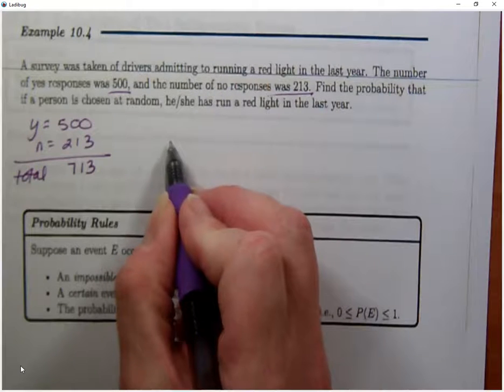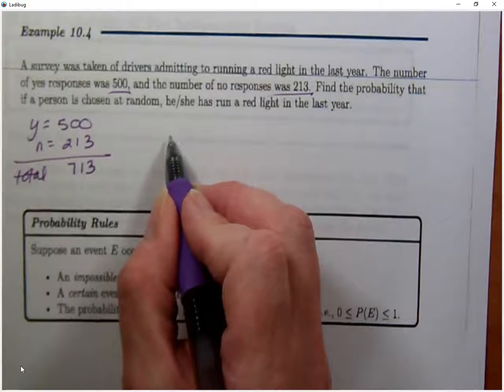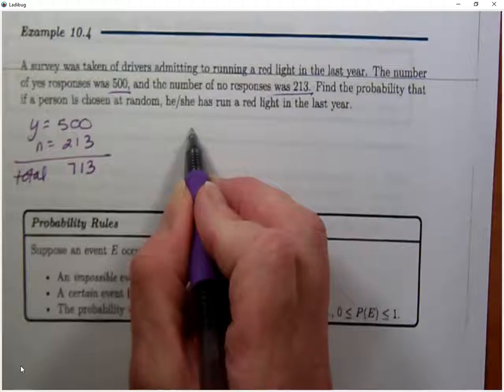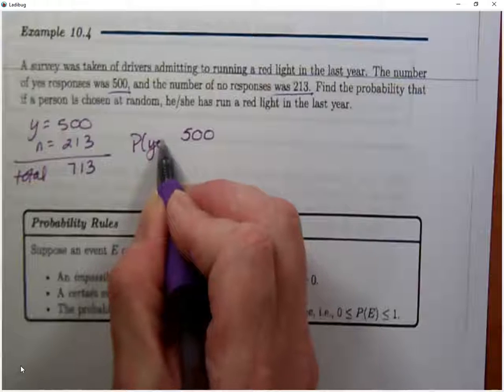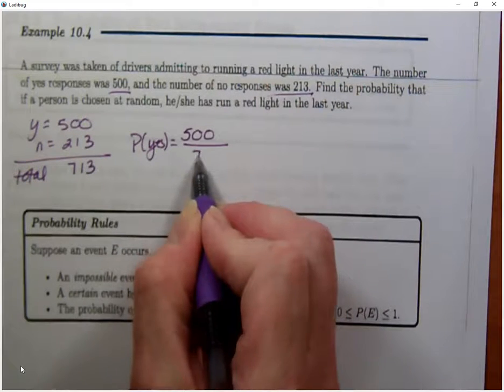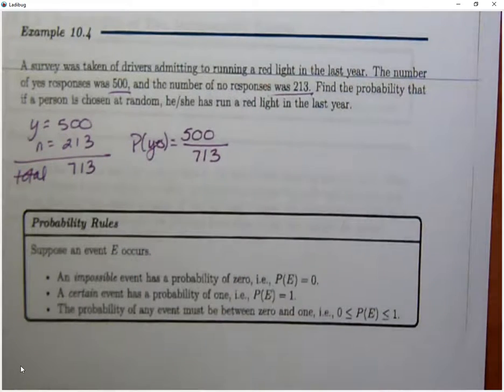So we would have our event is the yes responses, people that admitted. So probability we could say of yes is 500 out of 713. That's up quite a bit. This is reduced. You could use your fraction key to prove it out, but you can just use a decimal. We really don't want to round within a problem.